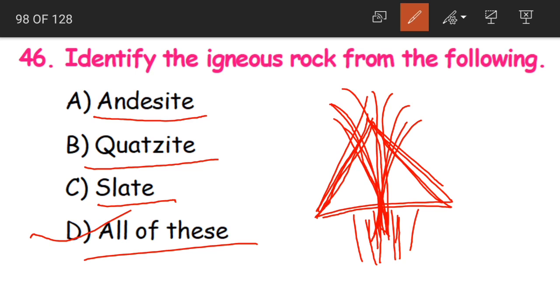Okay, from the volcanoes. So you have these volcanoes, no? So these volcanoes are nothing but the rocks which are formed from the lava which has come from the inside layers of the earth. Okay, clear, children? So these are called igneous rocks.